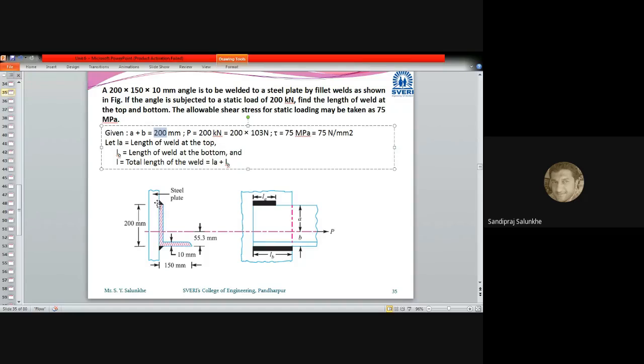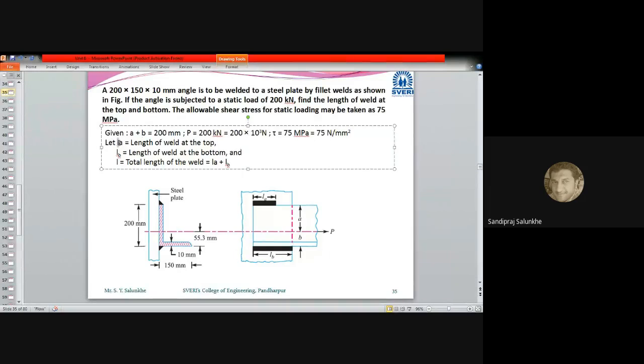This is 200 millimeter, whereas P, that is load which is applied axially, is 200 kilonewton, that is 200 into 10 raised to 3 Newton. Allowable shear stress is 75 megapascal, that is 75 Newton per millimeter square.